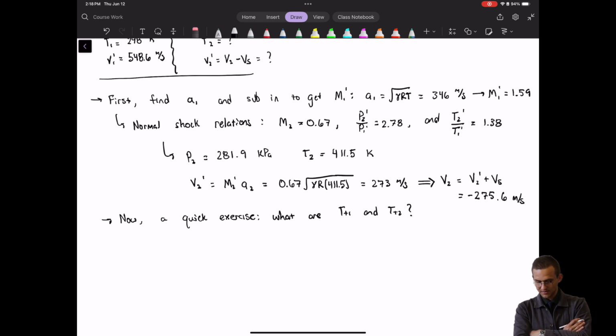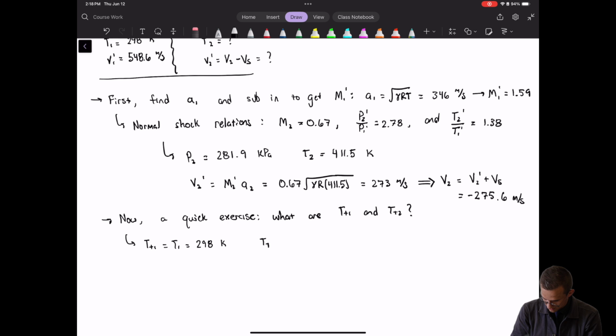Pause the video for a second and think, should these be the same? How should they change? What do you expect, right? So, first off, we know that because the flow is quiescent before the shock arrives, TT1 is just equal to T1, which is 298 Kelvin.